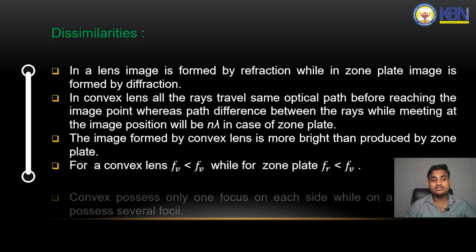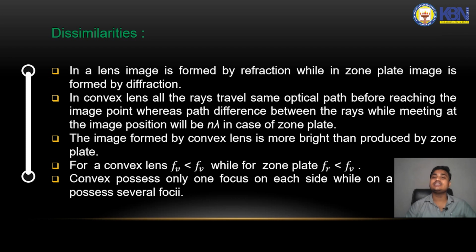Now, convex lens possesses only one focus on each side, while a zone plate possesses several foci. Why? Because the focal length is proportional to the square root of the natural number, so each zone will have a different focal length. These are the dissimilarities between convex lens and zone plate.